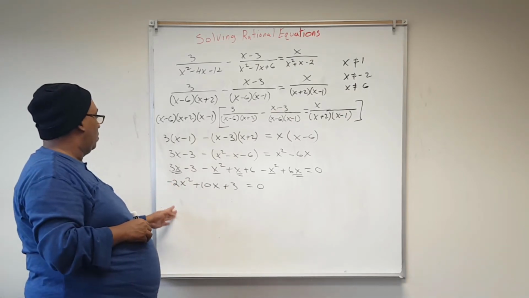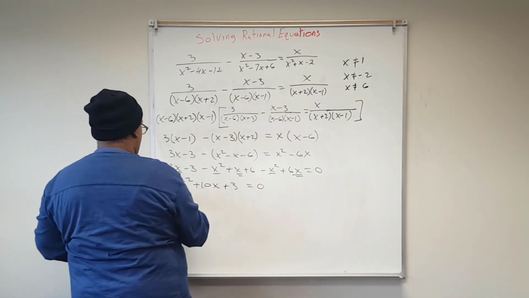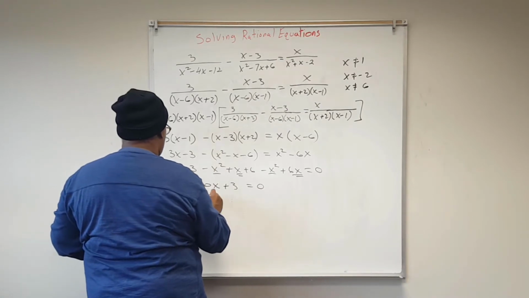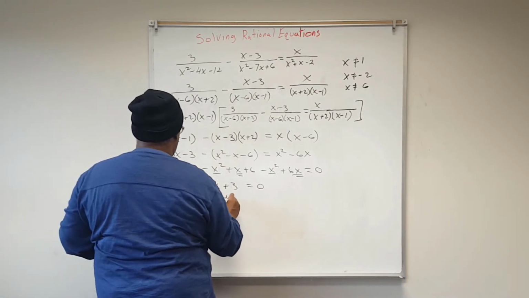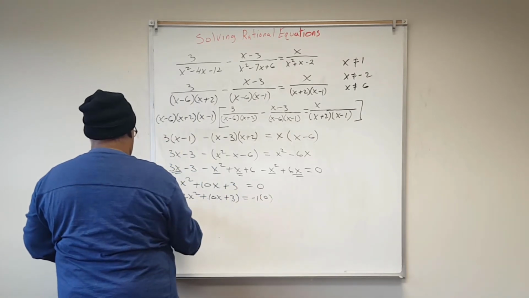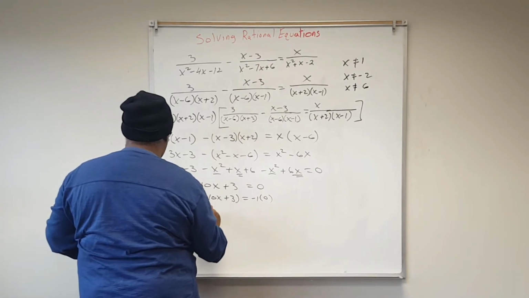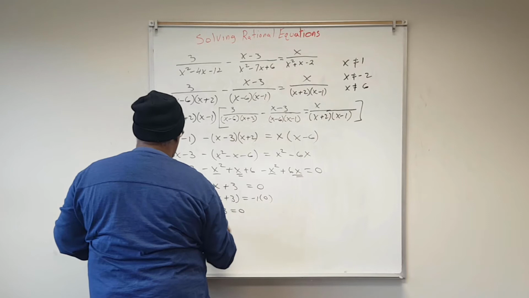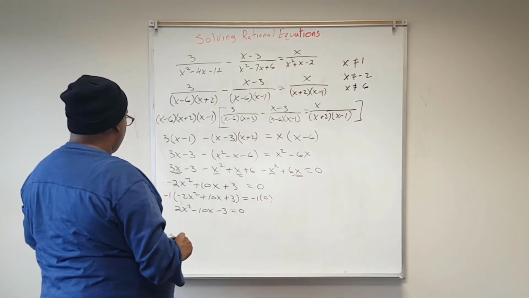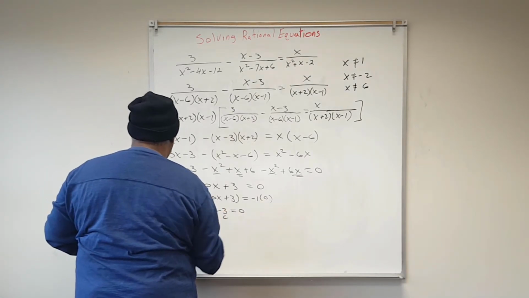So I'm going to multiply everything by -1, and -1 times -2x squared plus 10x plus 3 equals -1 times 0. 2x squared minus 10x minus 3 equals 0. Okay, so this is A, this is B, this is C.